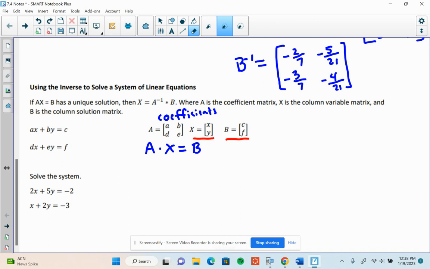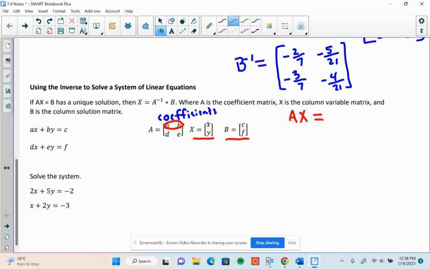All right, I want you to stare at that for a minute, make sure that equation really works. Actually, I think I should write it over here. So if we do A times X, we have A times X plus B times Y. Remember, across the row down the column.